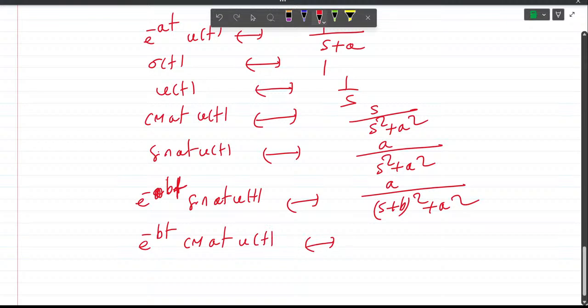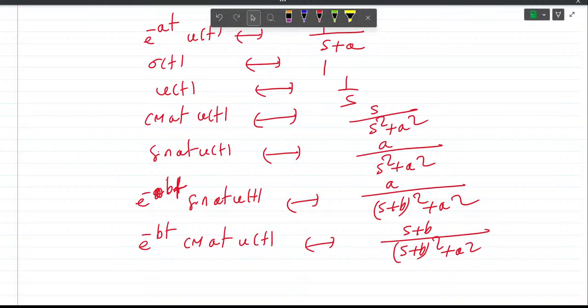That is the property we will discuss. These are the commonly encountered Laplace transform pairs. I assume that you know all these shifting properties, otherwise I will discuss a little bit.